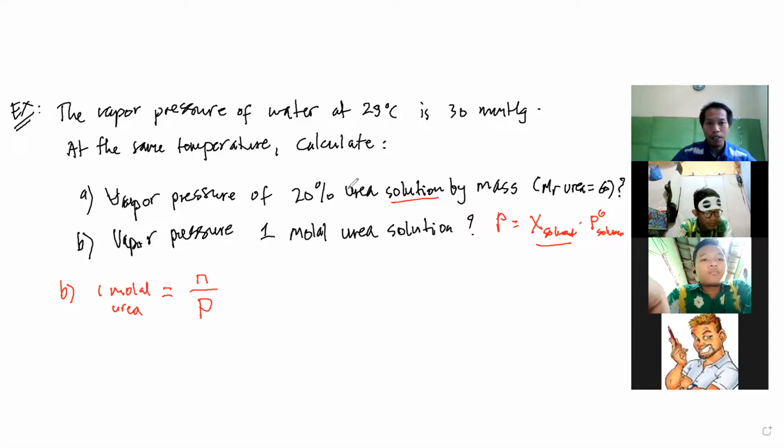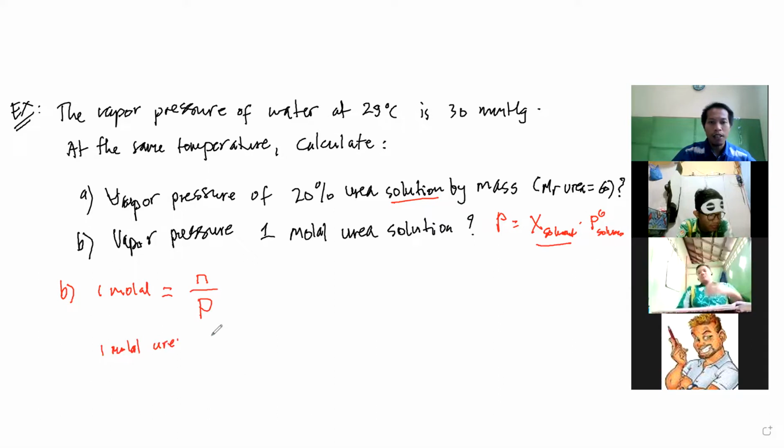Sorry, let me. 1 molar is equal to n per P. So if I say that 1 mole urea, it means that 1 mole urea over 1 kilogram of water, isn't it?